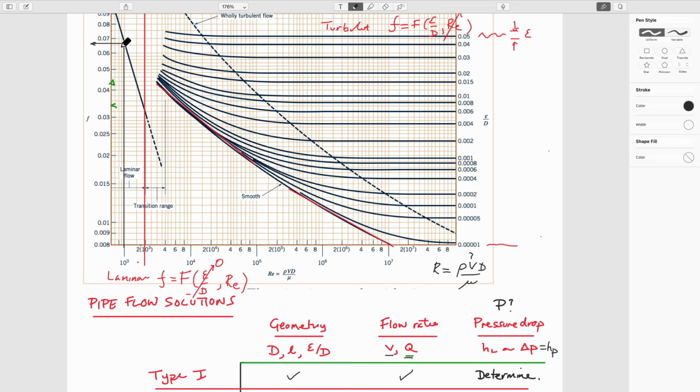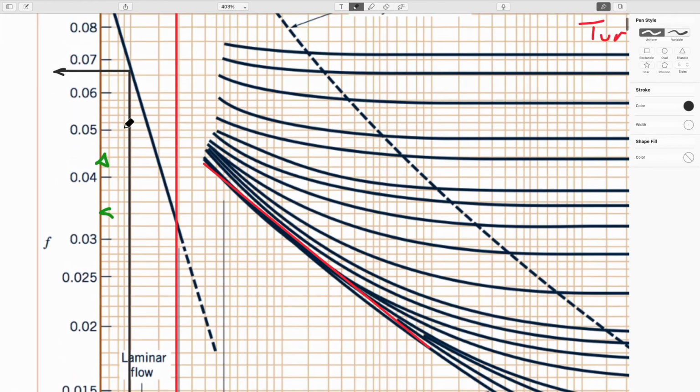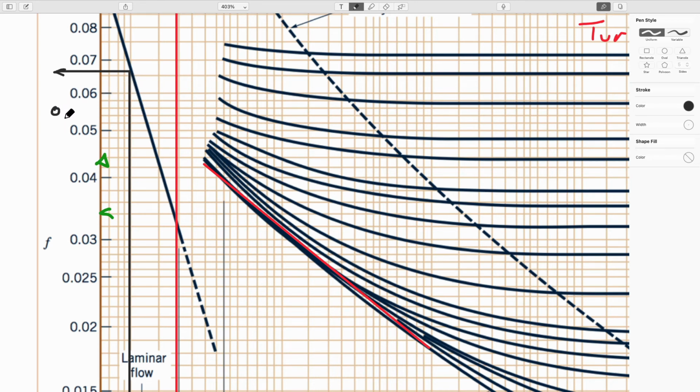If you zoom in on this, it comes out to be 0.65. It's actually not a very well-drawn graph, is it? Because we know that this should actually be 0.064. I guess this is probably 0.066, just from looking at it.